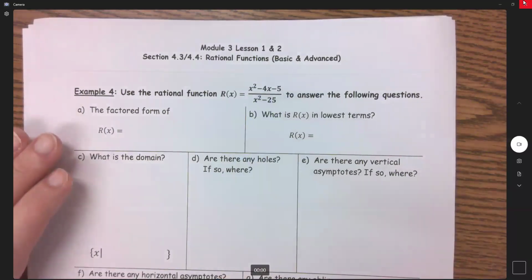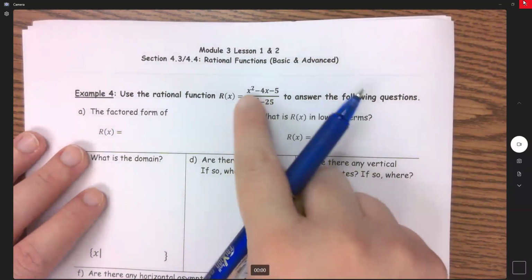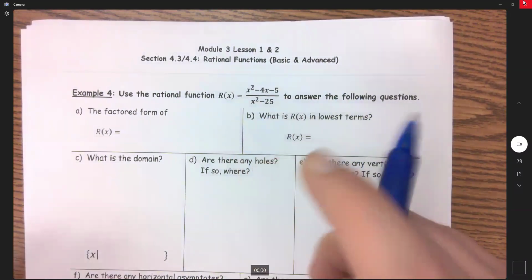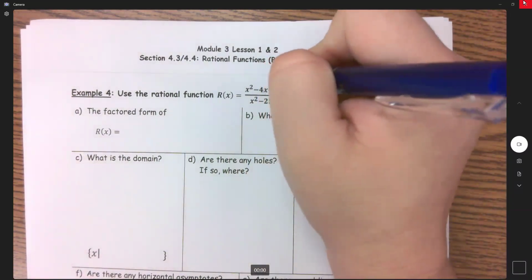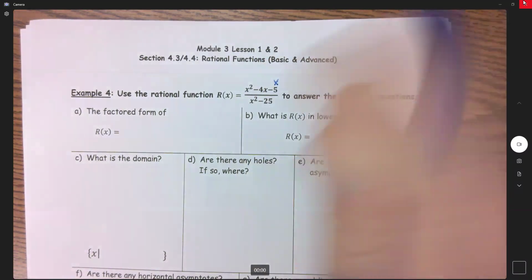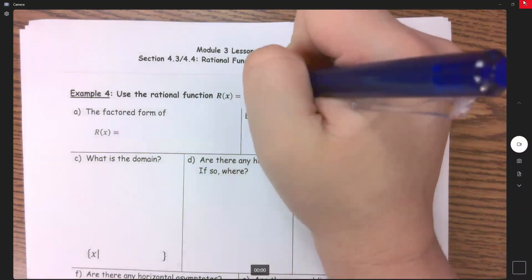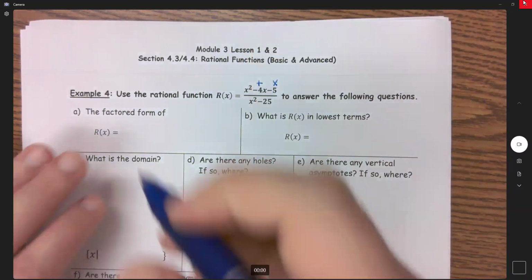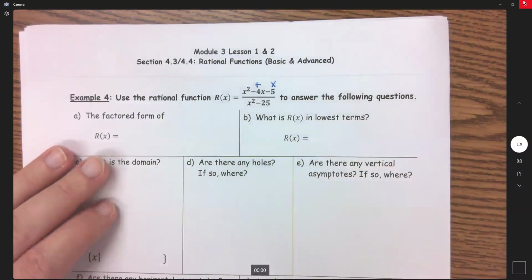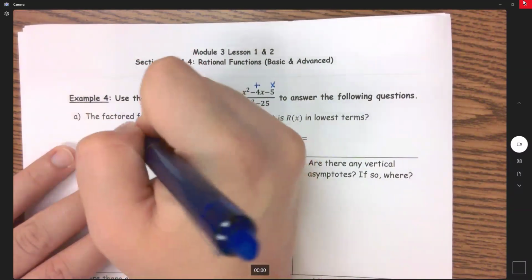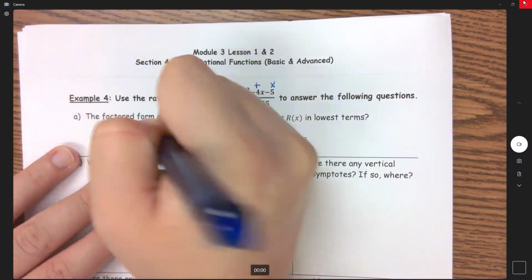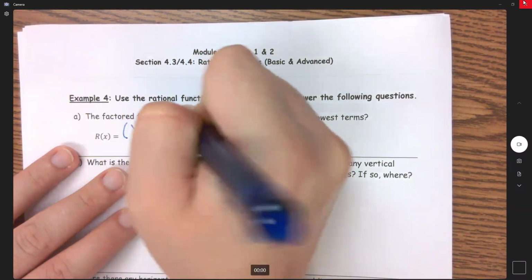So my factored form here, since this is an easy trinomial, I need to find out what multiplies to my A times C, which is 1 times -5, and what adds up to my B, and that's going to be x minus 5 and x plus 1.